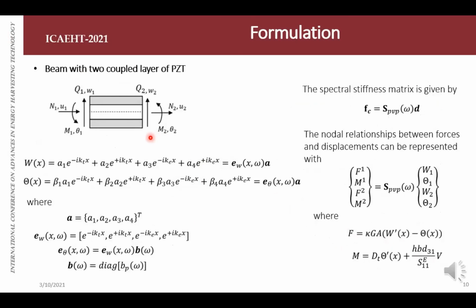Solving the equations of motion, we have the general solution, where one vector is the wave propagation and the other vector the amplitudes. The spectral stiffness matrix obtained is given by this expression, and the other relationships between force and displacement can be represented as follows.